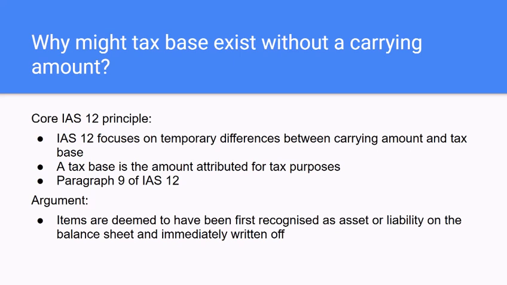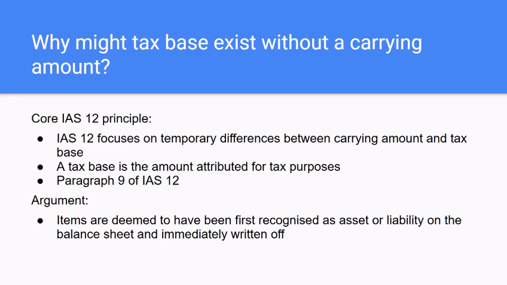And the principle is this: deferred tax is based on things that have future tax consequences. Conceptually, we start from the balance sheet because that's what IAS 12 requires us to do. If for any reason an item is not on the balance sheet but has a future tax consequence, we will still have to do the deferred tax calculations.